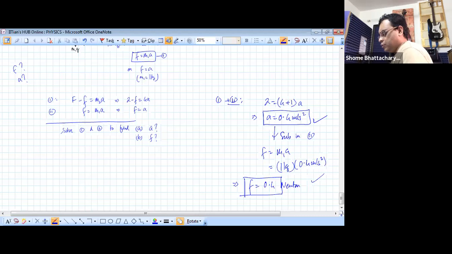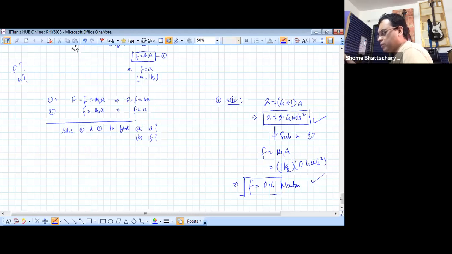So if you just turn to your physics 1 booklet, and in that your Newton's laws chapter, which is around page 37 if I'm not mistaken. Sorry, page 27. Page 32.